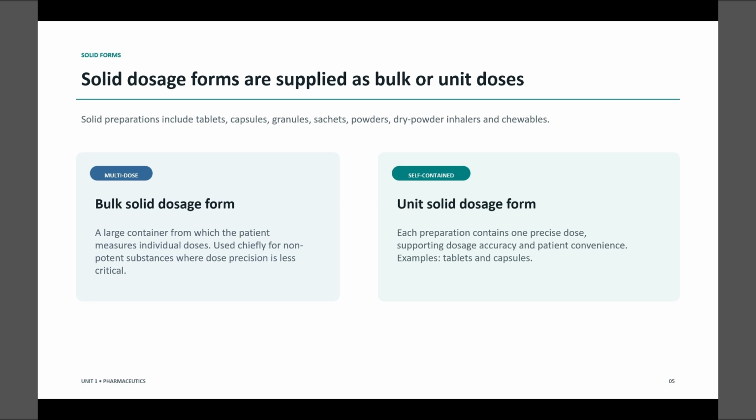Here again we call them bulk solid dosage forms and unit solid dosage forms. A large container from which the patient measures the individual dose is a bulk dosage form. This type of dosage form is typically used for non-potent substances where the accuracy of the individual dose is not critical.